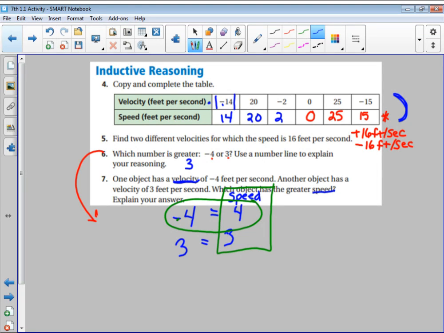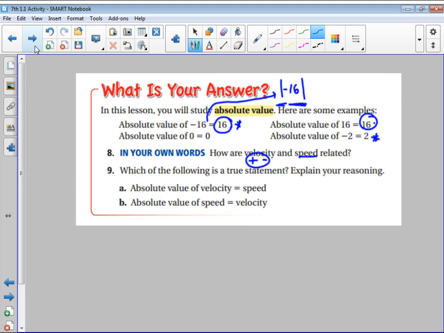Yes, it did. The absolute value of 20, absolutely, how far is 20 from 0? It's 20 places. Yes, they were equal. The absolute value of negative 2, well, that would be 2 places away from 0. Is that the answer I got? Yes. So in this case, and I know this is leading into our lesson, this would be a true statement.